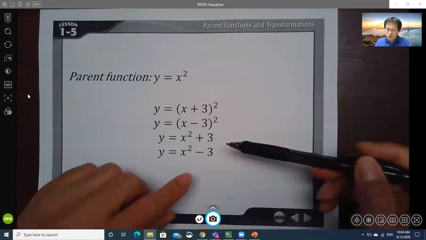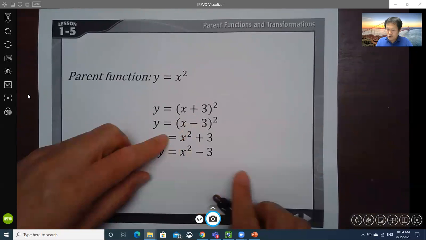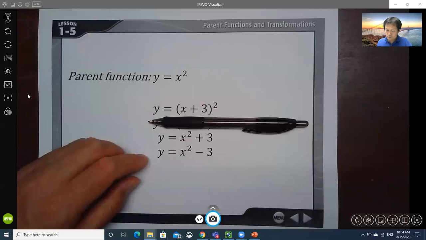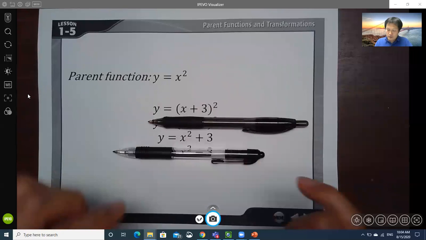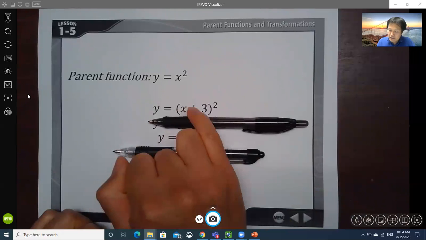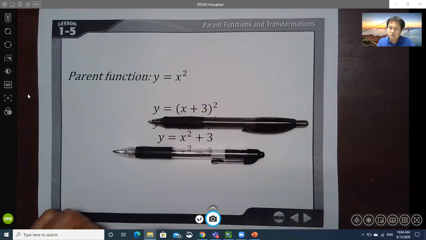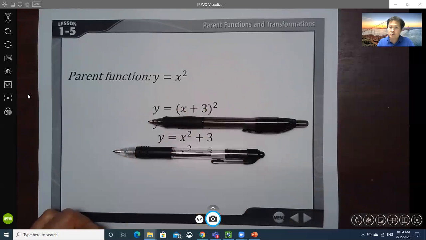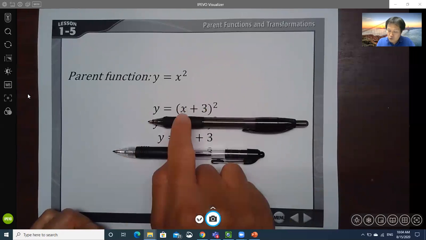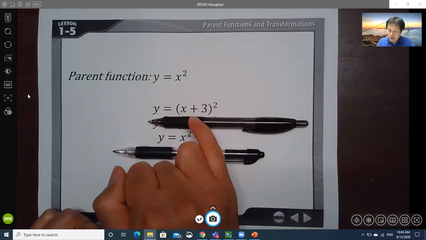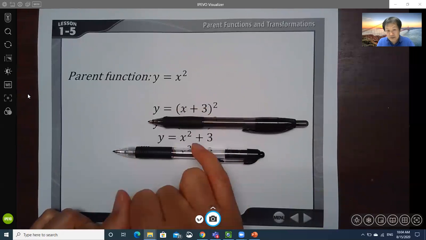So when you look at plus 3 versus plus 3 here, my question is, can x see 3? Yes or no? Can x see 3 here? The top one, yes, x can see 3 added. The bottom one, x cannot see 3.